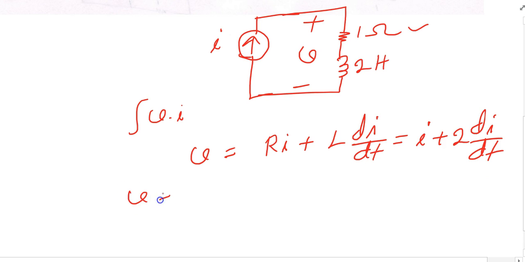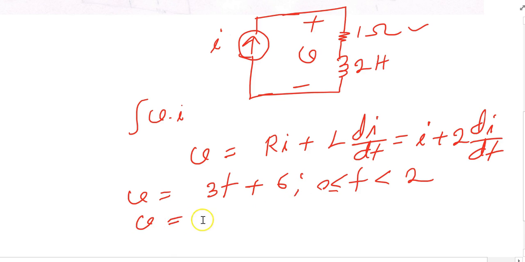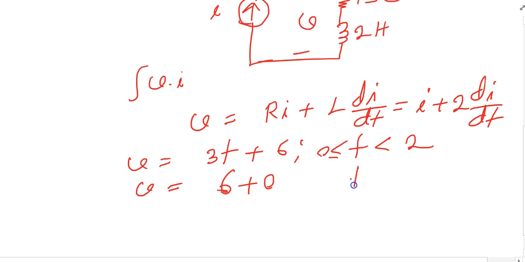So V will be 3t plus 6 for t greater than 0 and less than 2, and V is equal to 6 for t greater than 2.